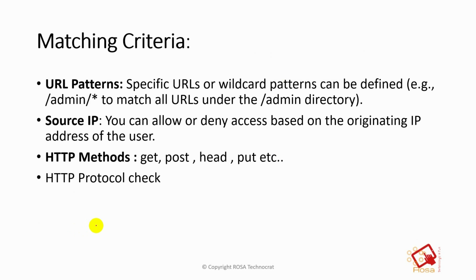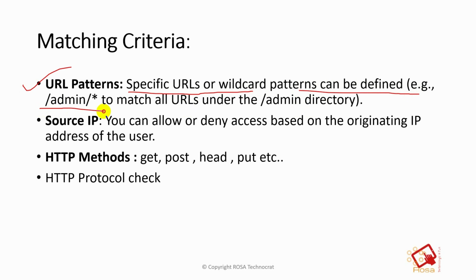If the criteria match, then Fortiweb allows or denies access to that URL, hostname, or application, while restricting access from other matching conditions. What are the different matching criteria we can use? We can match a condition with the URL pattern. For example, specific URLs or wildcard patterns can be defined.